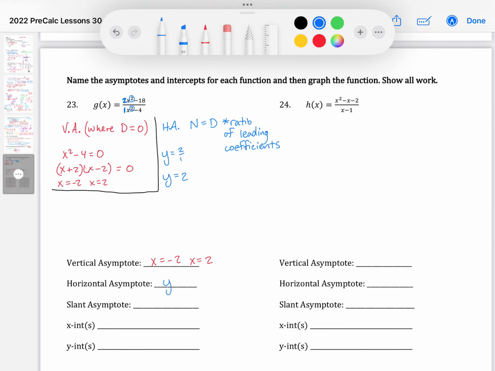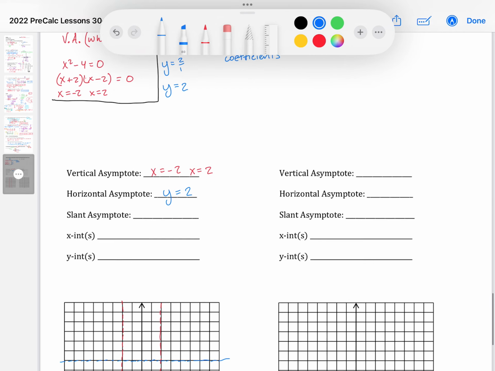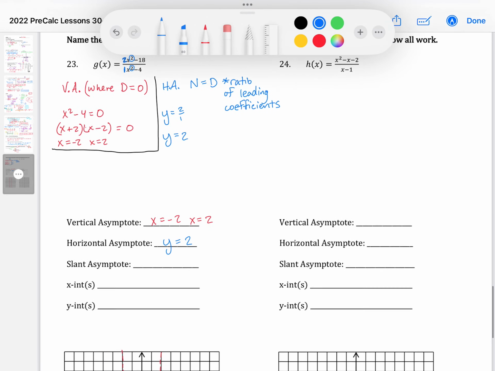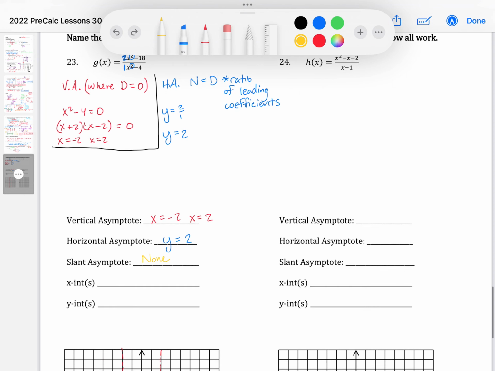So that is your horizontal asymptote, y equals 2. All right, so you can start to see what's going to happen here. Now, you can't have both a horizontal asymptote and a slant asymptote, so if the degrees are equal, you have this happening, which means you don't have a slant asymptote.